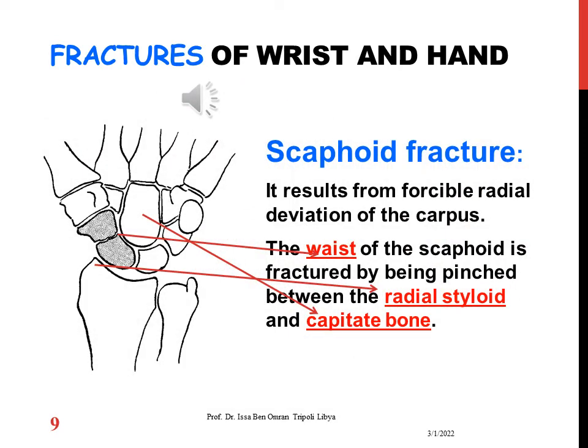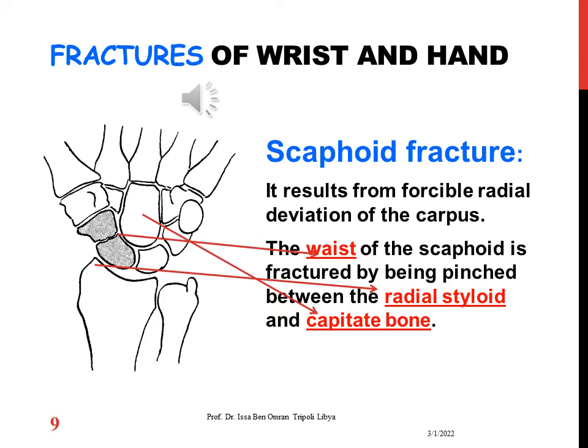Now to the scaphoid fracture, which is a very important fracture. The treatment of this fracture is difficult, and we know that it results from forcible radial deviation of the carpus.